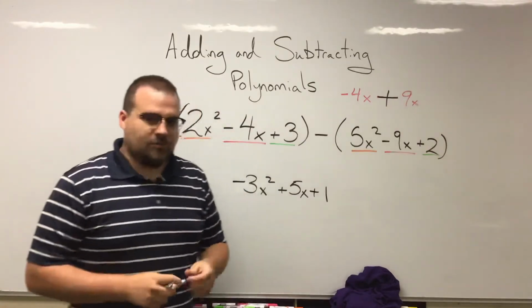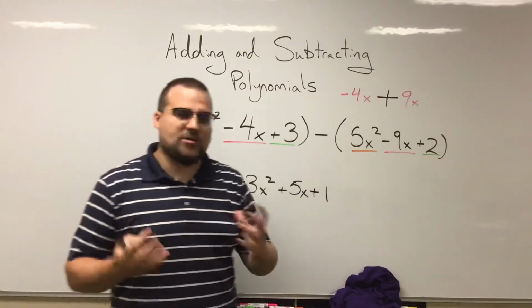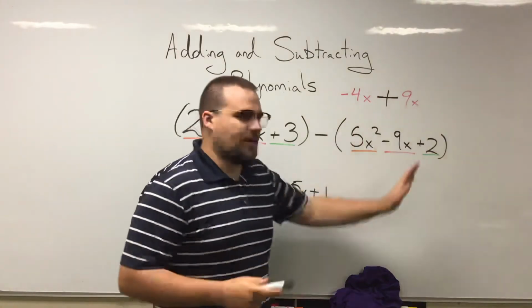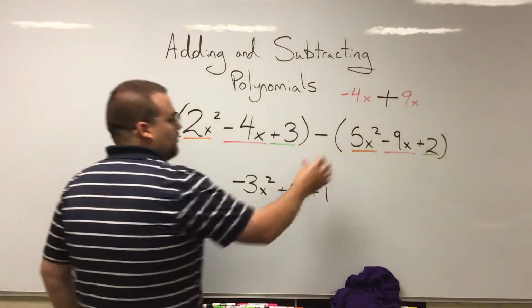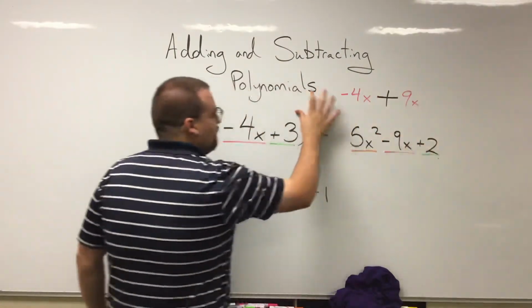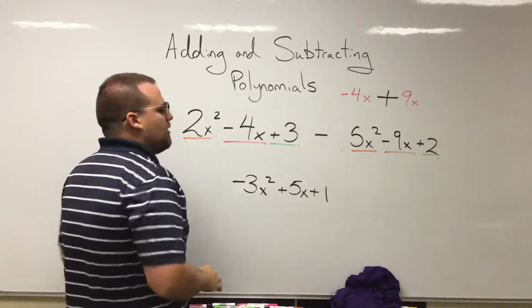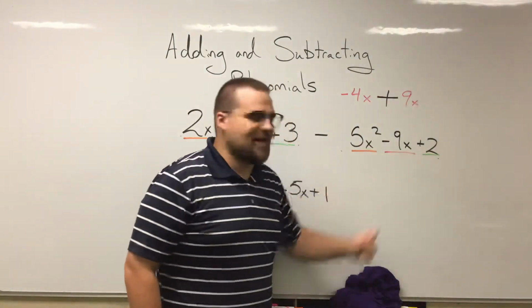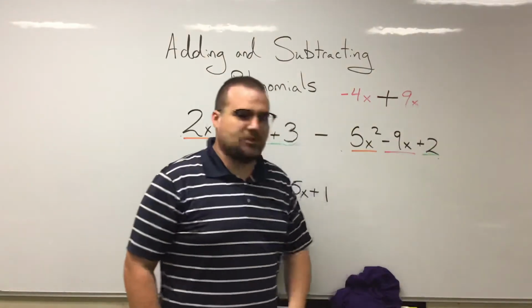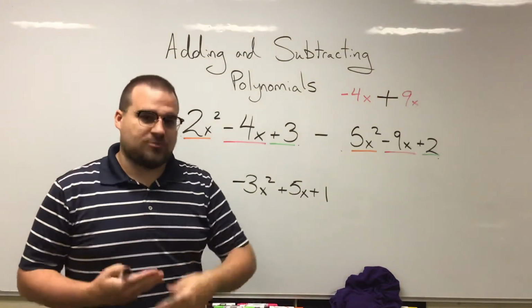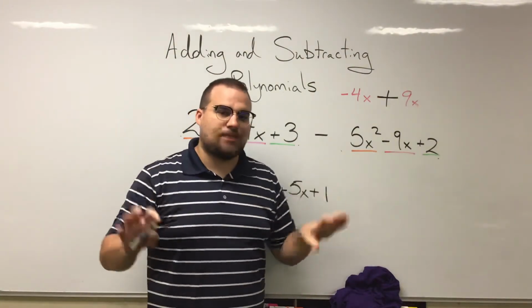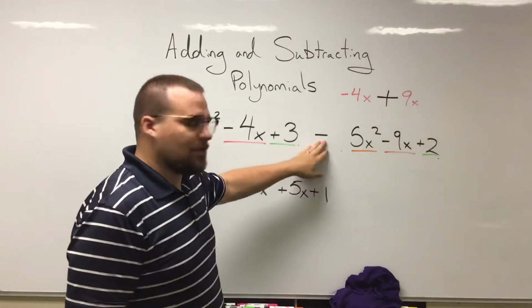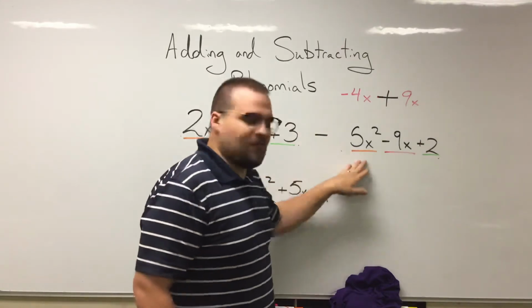Now, one of the reasons that I said it's important to keep these in parentheses, to keep making sure that we recognize they're separate parts, is because if we didn't have them, it would be very easy to look at this and say, okay, 2x squared minus 5x squared, negative 4x minus 9x, 3 plus 2. Without those parentheses, without keeping in mind that these are two separate expressions that we're adding or subtracting, it would be really easy just to look at this minus sign as being a negative 5x squared.